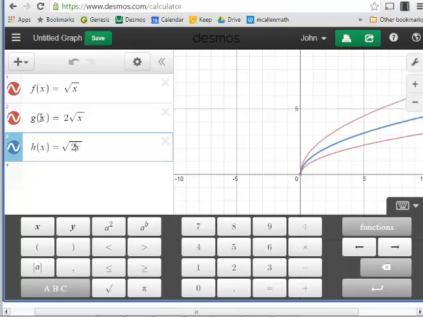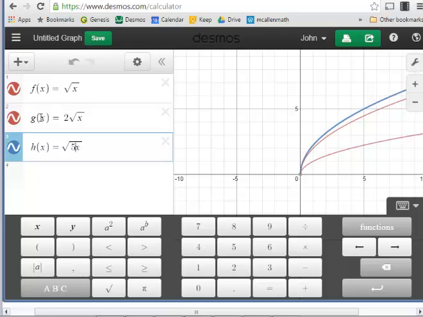Now this will compress it by a factor of 2. It squeezed the function. It's basically squeezing the function on the x-axis, so it looks like you're pushing it from left to right, like an accordion.